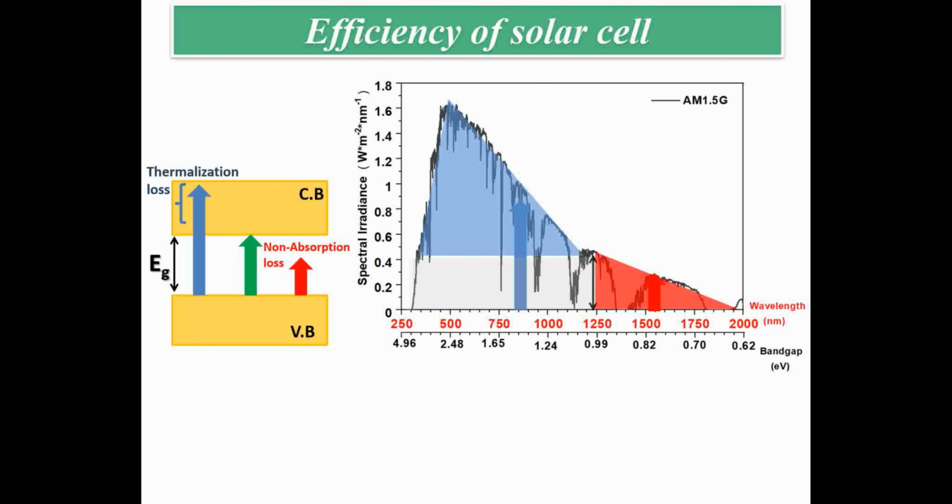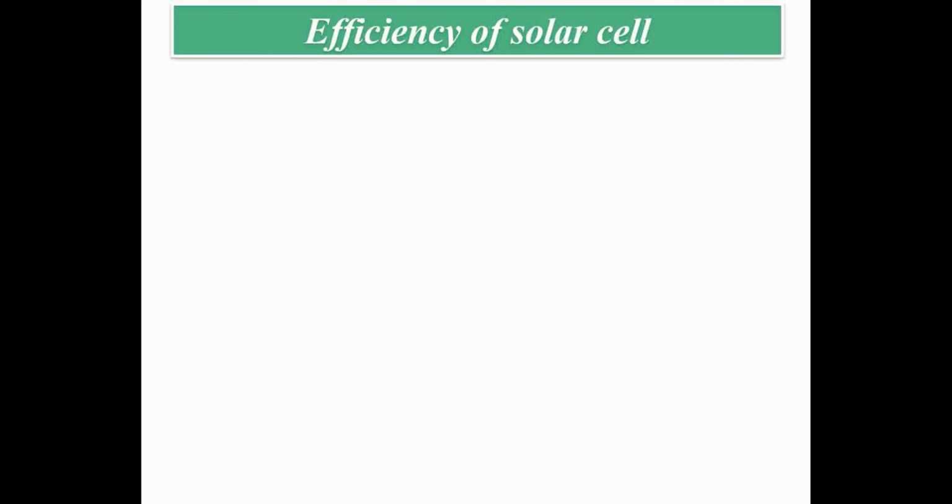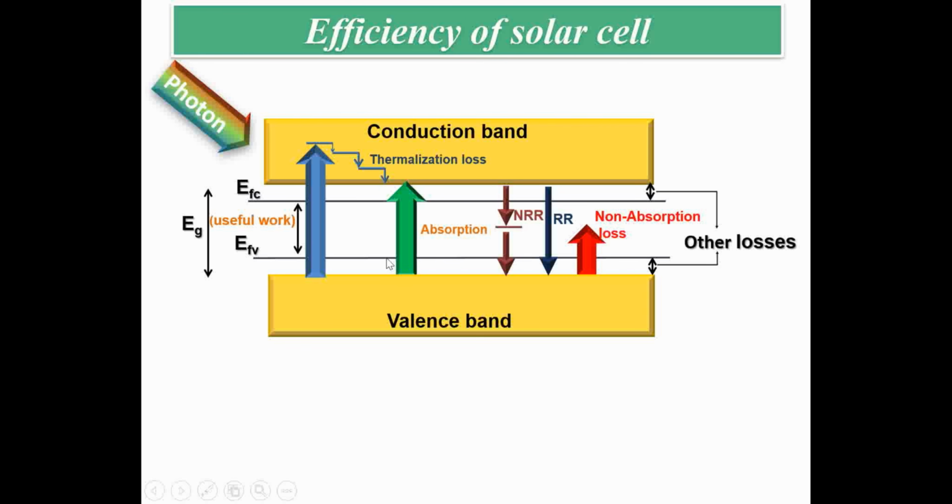You can see in this two level system a thermalization loss in blue, a non-absorption loss in red, and the perfectly absorbed part in green. Now you have radiative recombination, shown by the downward blue triangle. Any material that is not at absolute zero temperature is in constant exchange of energy with its surroundings.